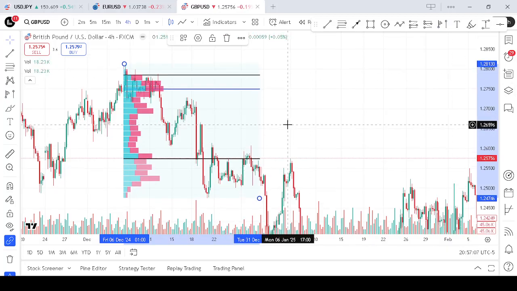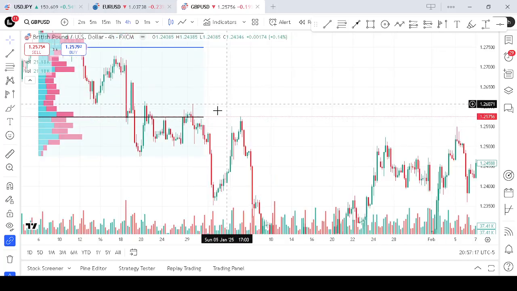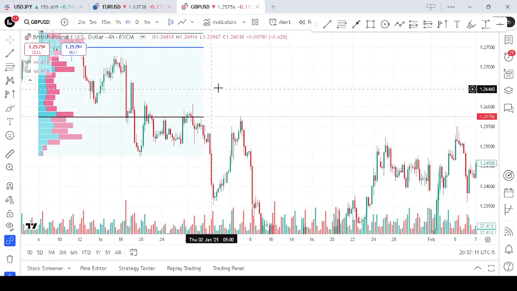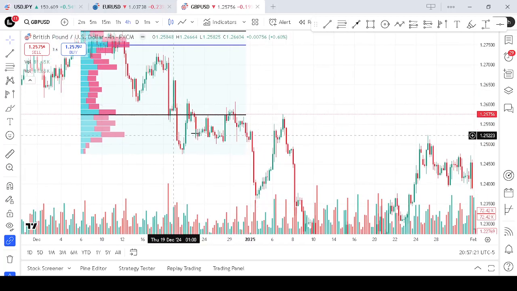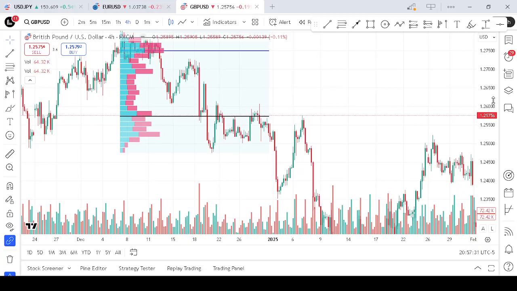When price constantly stays below the value area low, it signals what is called a downtrend. When price constantly breaks the low and stays below that, that's how we trade the trend continuation for this strategy.